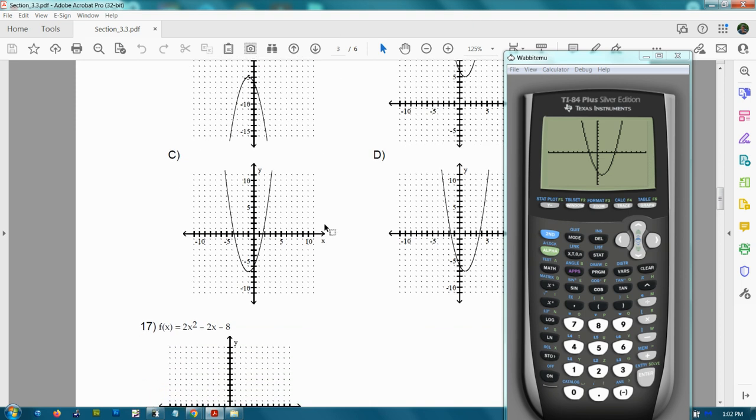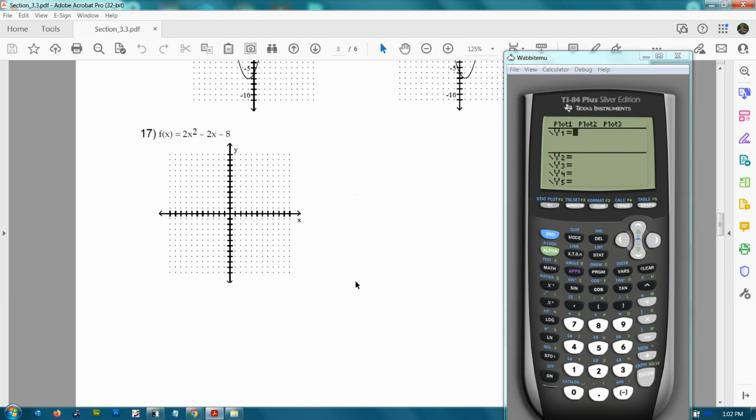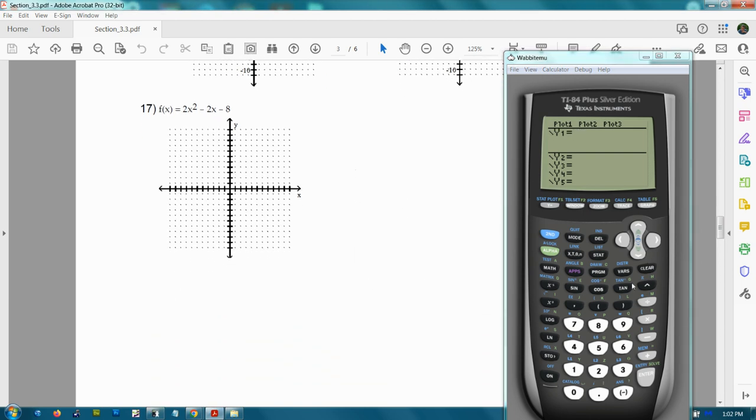Number 16, letter D. All right, number 17. Let me go to y equals and clear this off. Slide this up a little bit. 2x squared minus 2x and a minus 8 and hitting graph.